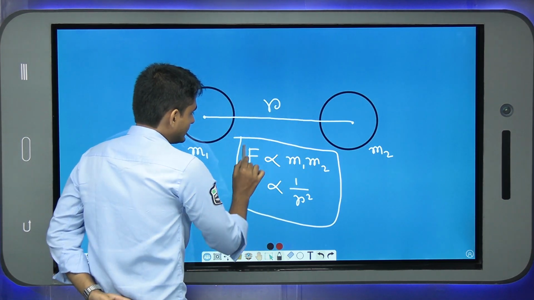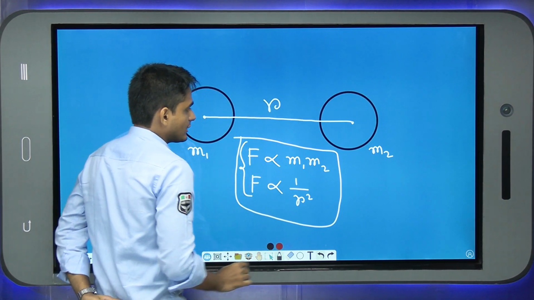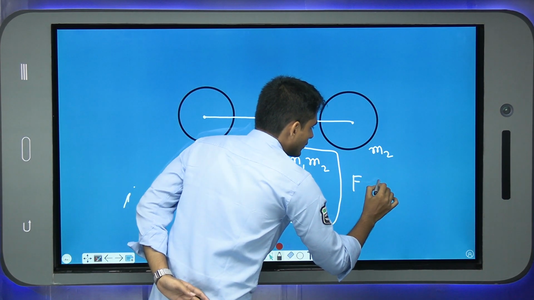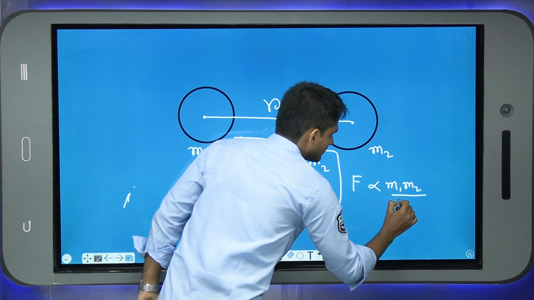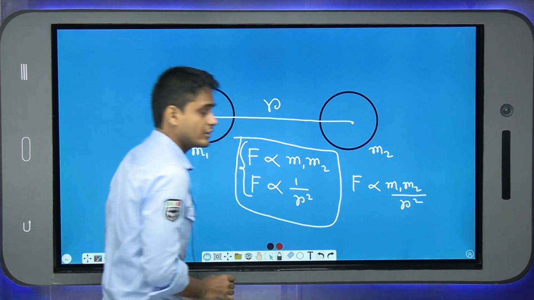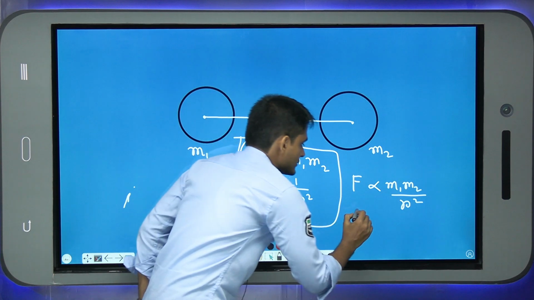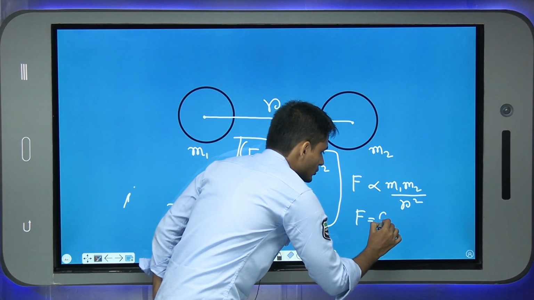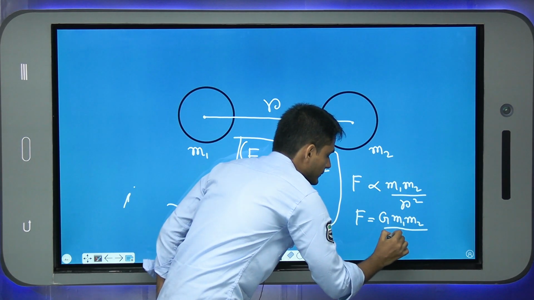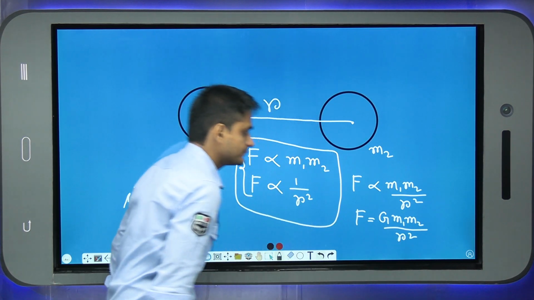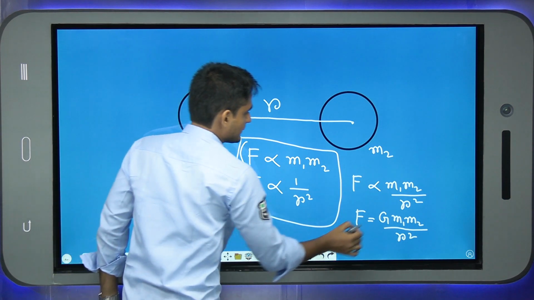These two statements give a new form of equation, that is F proportional to m1 m2 divided by r square. So, we can write F equal to capital G m1 m2 divided by r square. What is this capital G?